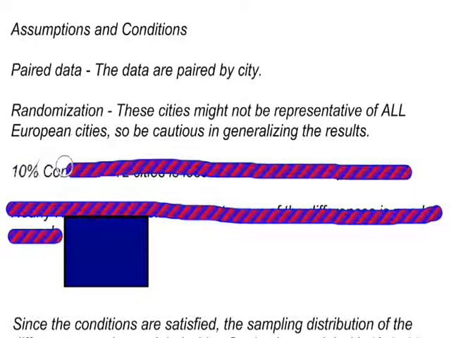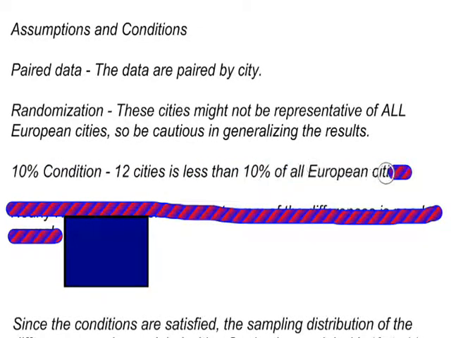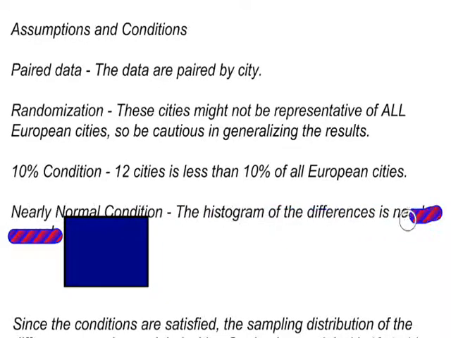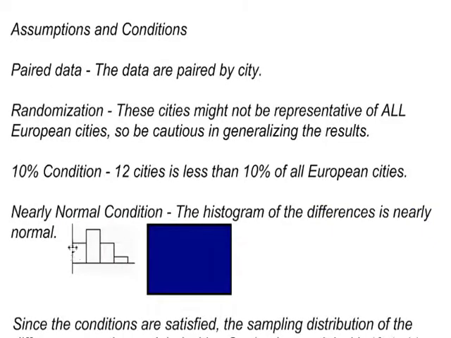The next assumption and condition is the 10% condition. And in this case, 12 cities is definitely less than 10% of all European cities. And then finally, I need to check the nearly normal condition. When you look at the histogram of the differences, like here I've made a histogram of all the differences.